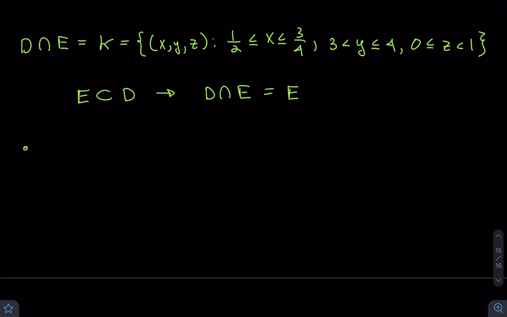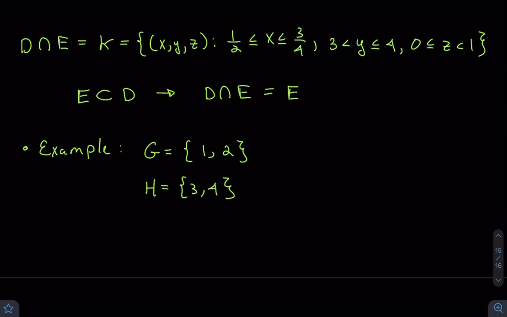As in the last example of the intersection, let's look at a set G that contains two simple objects, 1 and 2, and a set H that contains 3 and 4. Then the intersection between H and G, well, what objects do they have in common?